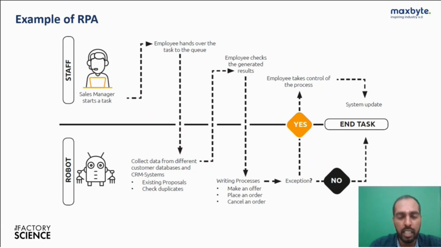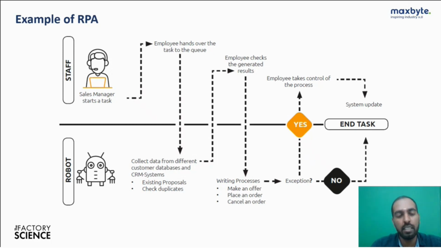Once it is checked, the RPA process itself can recheck this, or the employee can check the generated results. Once the results are okay with the employee and he gives the acceptance, the RPA bot itself can create a quote, make an offer, or place the order, or if duplicate orders are there, it can cancel the order.